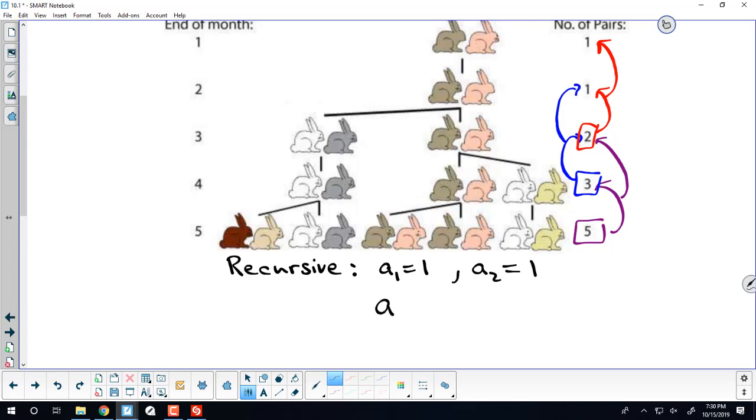We would say that a sub n is defined as how? Yeah, a sub n minus 1 plus a sub n minus 2. Or we could just keep working with the pattern that we have.